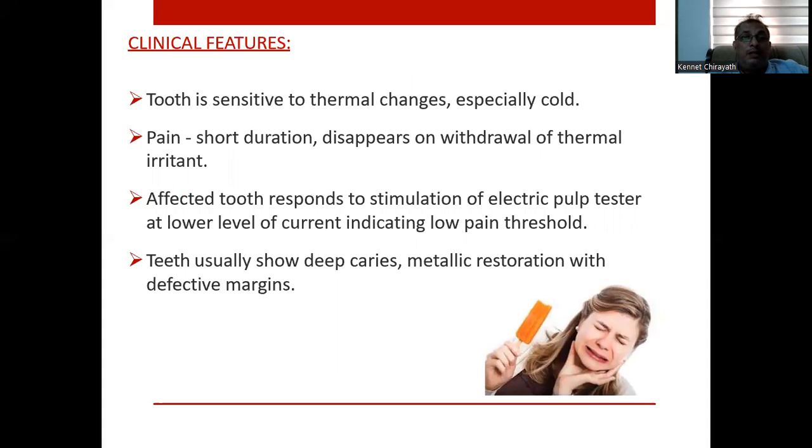So what are the clinical features? The tooth is sensitive to thermal changes, especially cold.